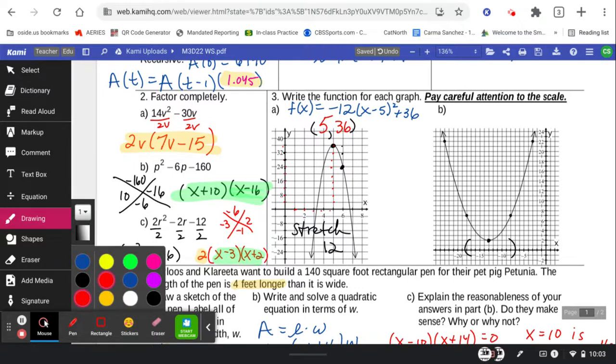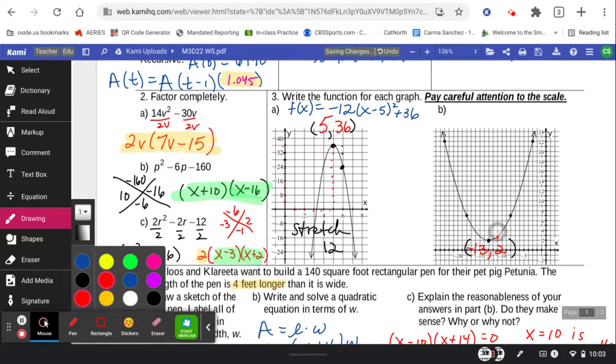Okay, let's go see the other vertex. This one is back, let's see, 5, 7, 8, 9, 10, 11, 12, 13, and up 2. Did you get negative 13 too? And then the stretch does not go out 1, up 1. It goes out 2, up 1.